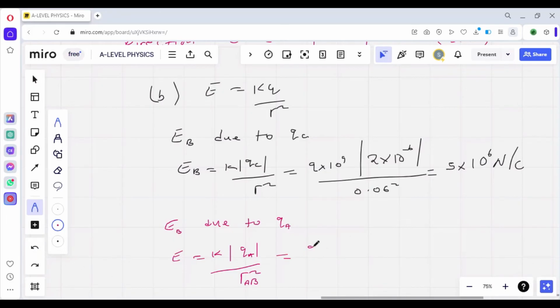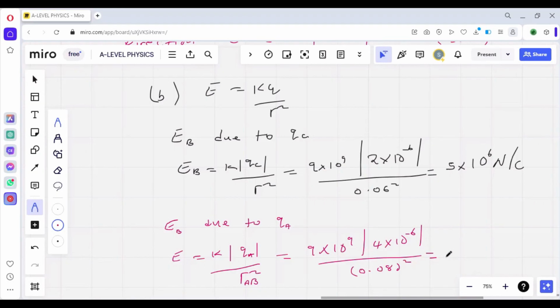That is 9 times 10 power 9 times the magnitude of charge A, which is 4 microcoulombs, so 10 power negative 6, over this distance AB we've calculated already, which is 0.08 squared. Let us use our calculator to compute that.